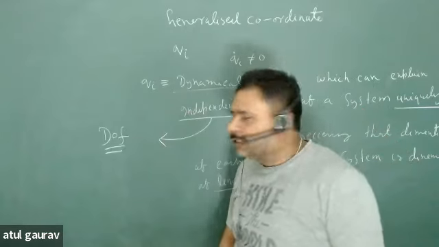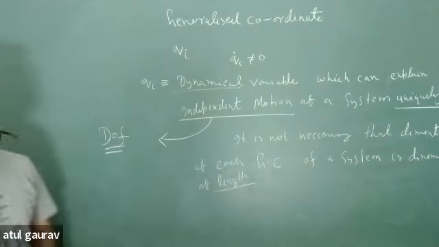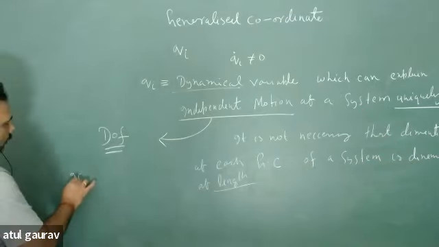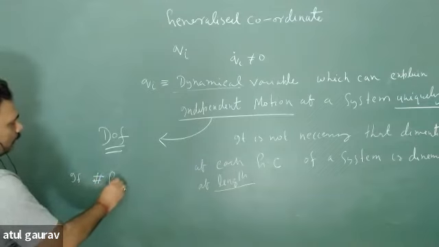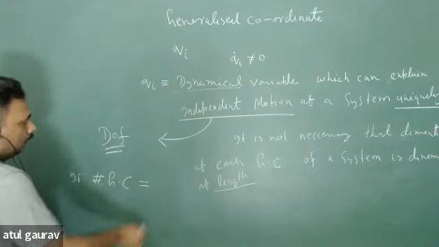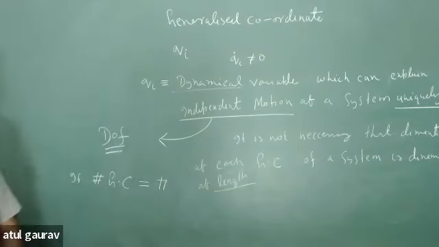You have to always check whether the number of generalized coordinates equals the number of dynamical variables. You have to write this, it will be much better.